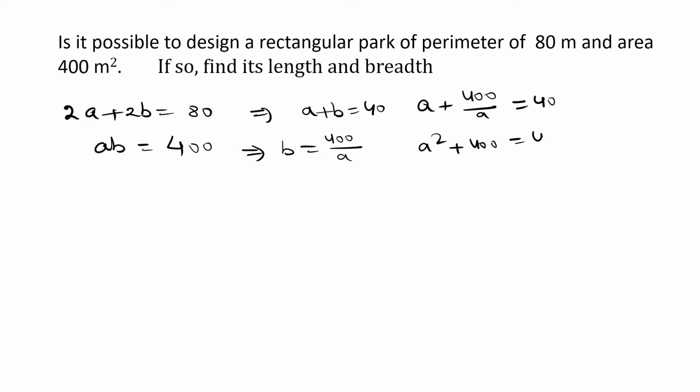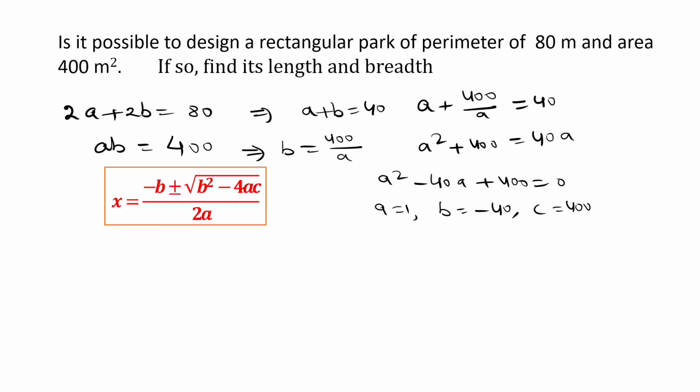Multiplying throughout by A, we get A square plus 400 is equal to 40A, or A square minus 40A plus 400 is equal to 0. Comparing with the standard quadratic, we get a is equal to 1, b is equal to minus 40. Always remember to pick coefficients along with the sign, and c is equal to plus 400.